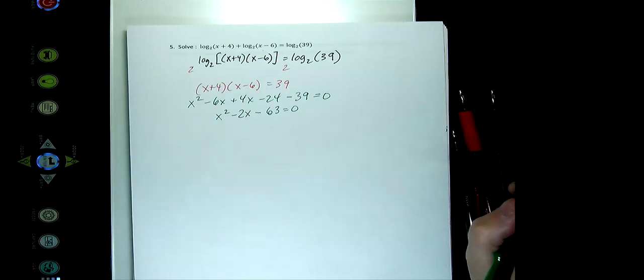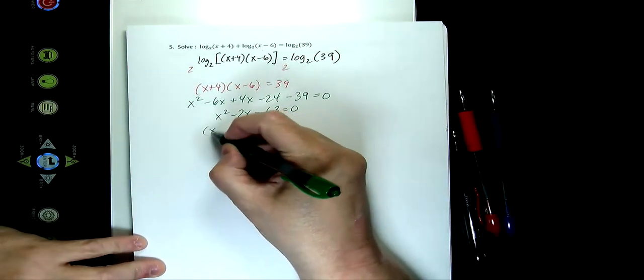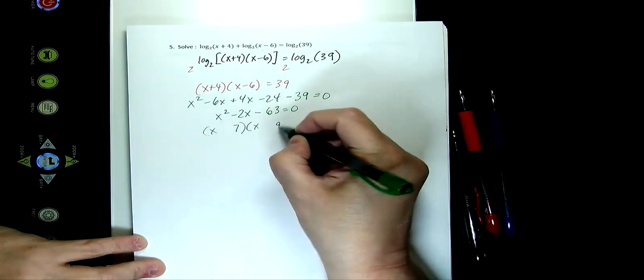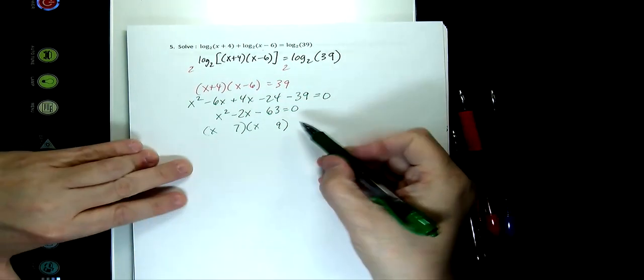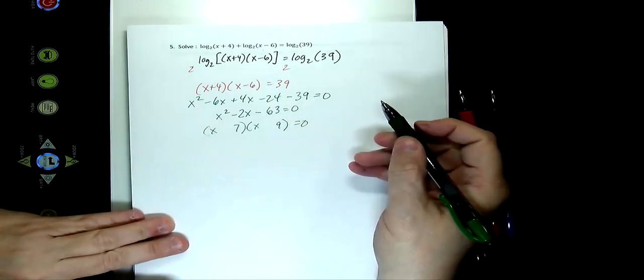So either quadratic formula or factor. 63 is really easy to factor because there's only 2 combinations to make a 63 through multiplication: 63 and 1 or 7 and 9. I will have a 7. I will have a 9. And I need to put signs in there such that I end up with a -2 when I'm done.